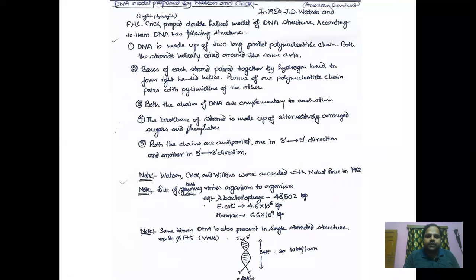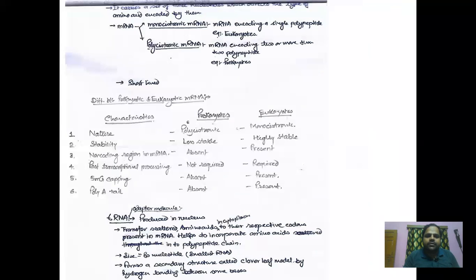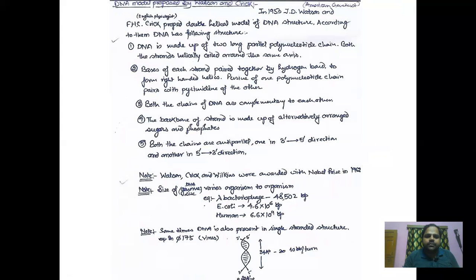So here we were talking about the structure of DNA, the Watson-Crick model. Both the chains are complementary to each other. The fourth point was that the backbone of each strand is made up of an alternating arrangement of sugar and phosphate. And the fifth point is that both chains are anti-parallel.